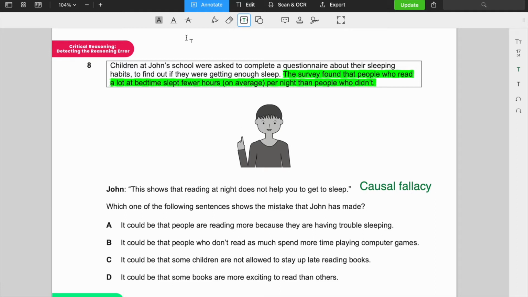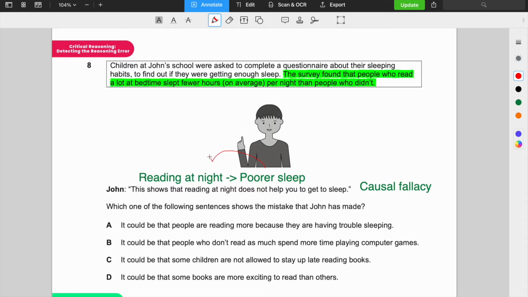So what is the mistake that John has made? Let's go through the options. A, it could be that people are reading more because they're having trouble sleeping. Perfect, right? Because what John is saying is that reading at night leads to poorer sleep. But it could be people who are insomniac, people who find it difficult to fall asleep, who just lay in bed and have more time to read.